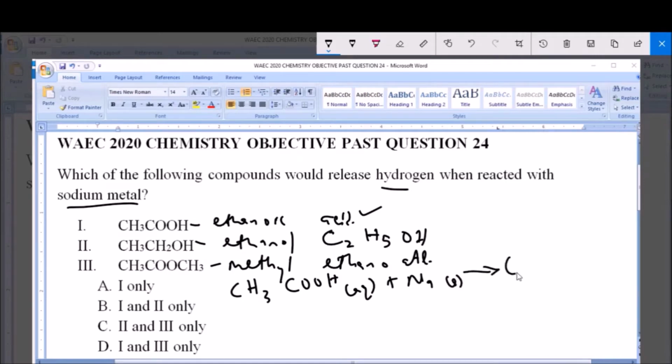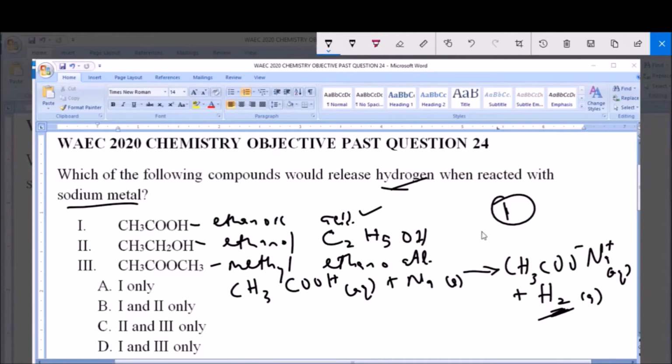So this is what the reaction looks like. You have salt and hydrogen gas. As you can see here, it releases hydrogen. So 1 is definitely part of the answer.